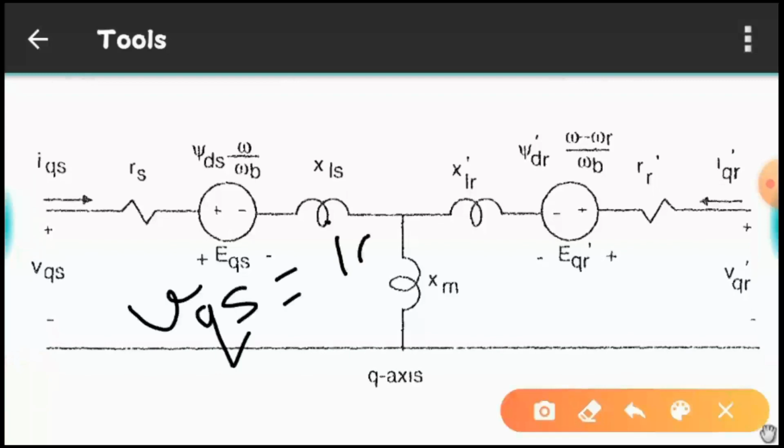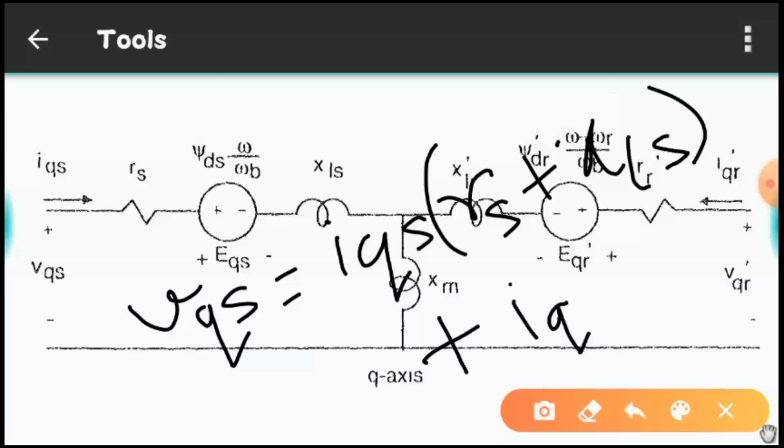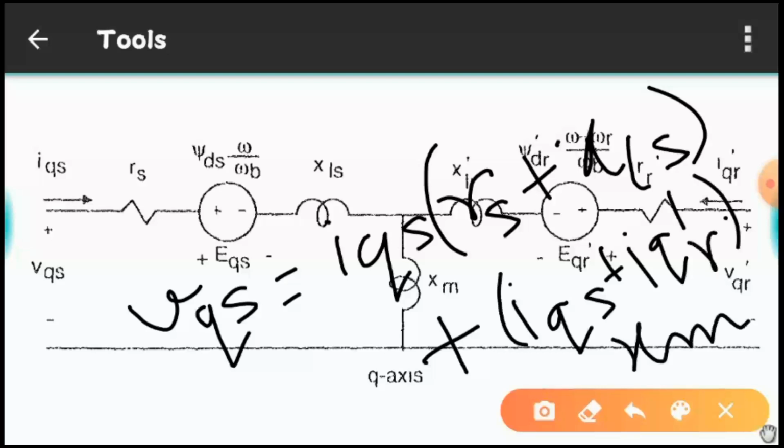So it's very easy to understand that the total V_QS we have here is I_QS times R_S plus X_LS, and then I_QS plus I_QR dash times X_M, right? And it is very interesting to note that the total voltage has the expression with this I_QR dash X_M.